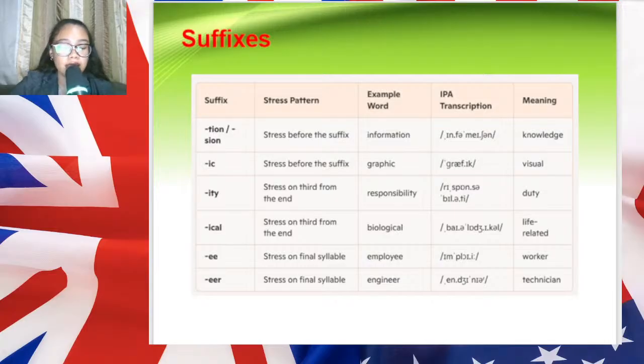There are four syllables here, and the stressed syllable should be before the suffix. The suffix is tion. So what's the syllable before the tion? Invitation. It's te, with a clear diphthong.